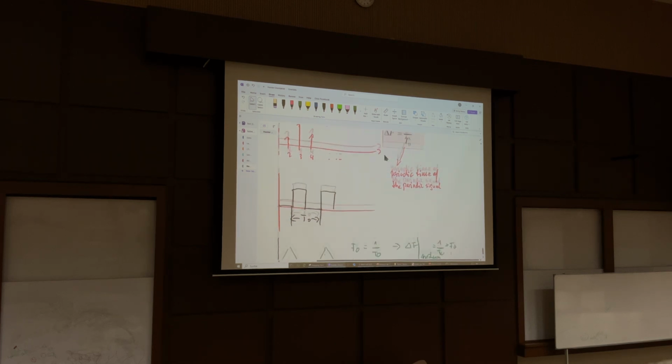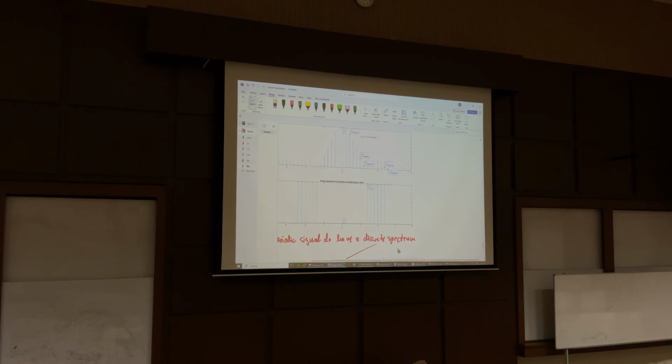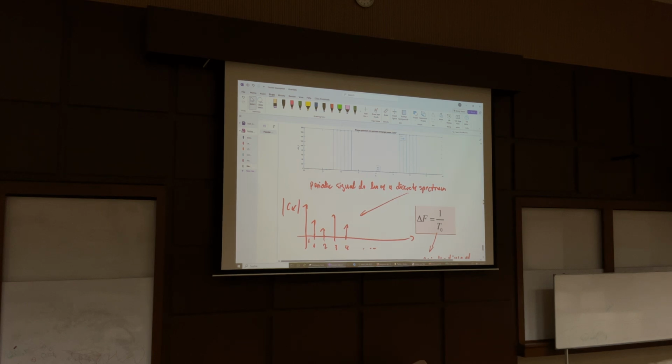You see that here. And you see this here in my spectrum. So that's what we learn. Periodic signals do have a discrete spectrum, that is the kernel of these graphs.